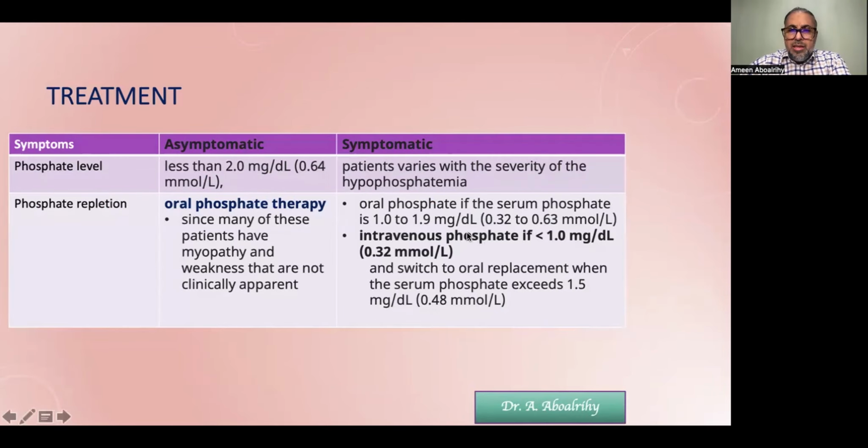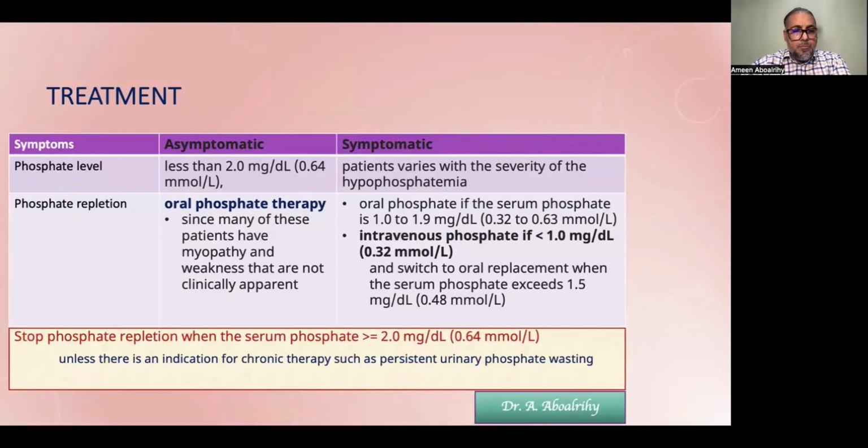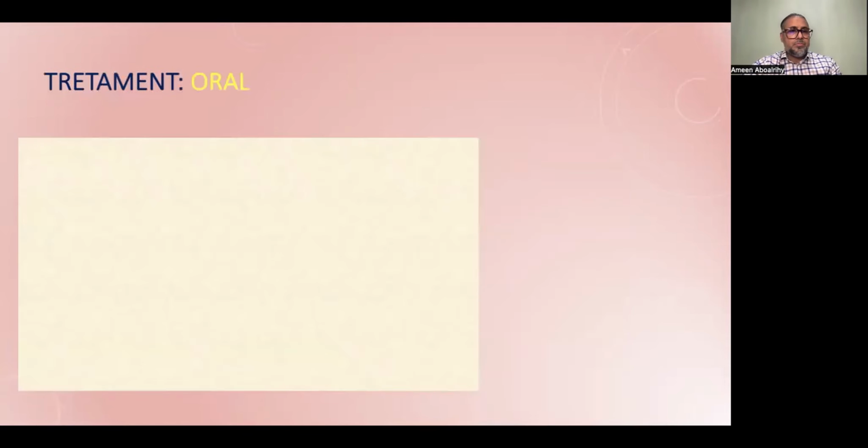If you need to use oral phosphate, the patient's phosphate should be between 0.32 and 0.63, not below 0.32. If it is below 0.3, you should give IV phosphate. And whenever you reach phosphate close to 0.64, you should stop IV and just depend on the oral.